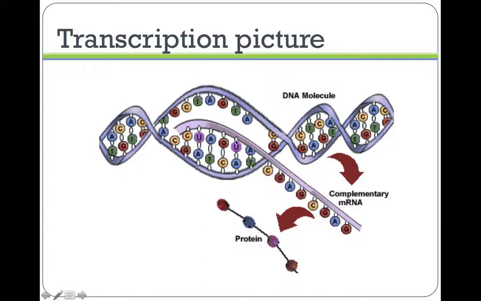You can see C goes with G again, U goes with A instead of T, U goes with A, then A, T, G, C, all this stuff. You might wonder why you see A going with T here. That's because the T is part of the DNA. This is the RNA that's being built here. So as you can see, the RNA strand is being built out, and eventually the RNA will leave, and it will go to the next step for making proteins.